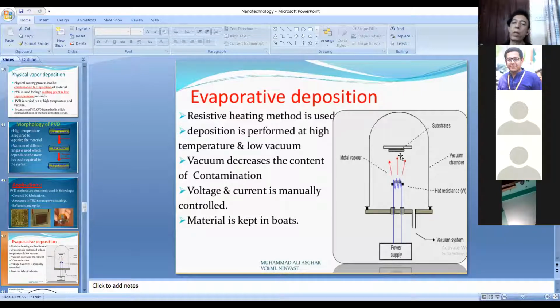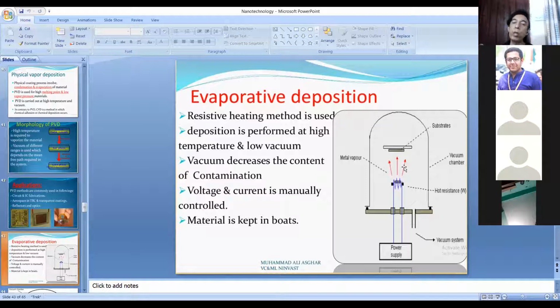Say aluminum is going this way, and in its path an oxygen atom comes and makes aluminum oxide, which will be deposited here.